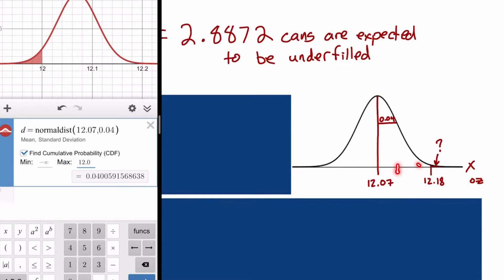If I go up another 0.04, we're at 12.15. If I go up another one at 3 standard deviations, this will be 12.19. So this is just a little bit less than that. By doing this picture, it helps me know my answer is going to be quite small. If my picture on Desmos ends up being a lot larger shading, or my number's a lot bigger, then that tells me that I've probably done something wrong.